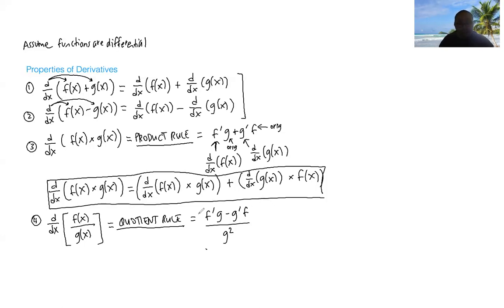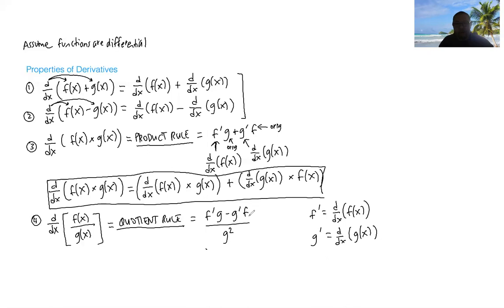Again, just like in the product rule, f prime represents the derivative with respect to x of your f of x function. G, in this case, is your original g of x. G prime represents the derivative with respect to x of g of x, this bottom term.